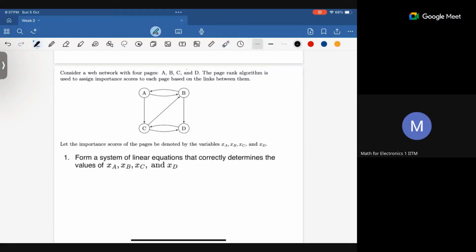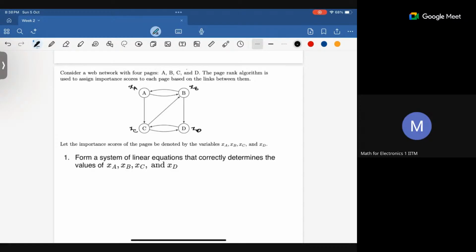This is XA. This page has XA information, XA importance. And this is XB, this is XD, and this is XC. Now, what do these edges represent? The PageRank algorithm assigns importance scores to each page based on the links between them.